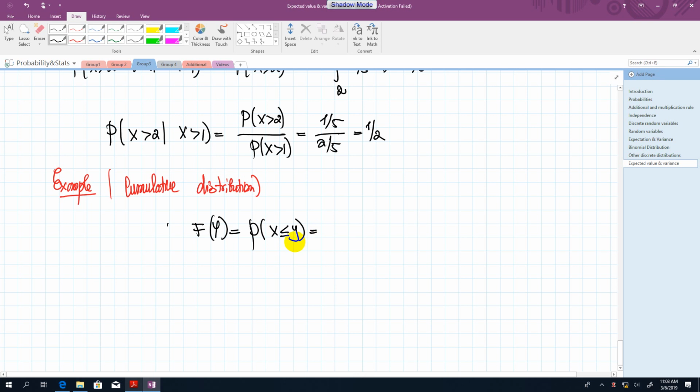So you need to sum all the values until y. For example, if x starts from 0, this will be x equal to 0 plus 1 plus all the values until y.